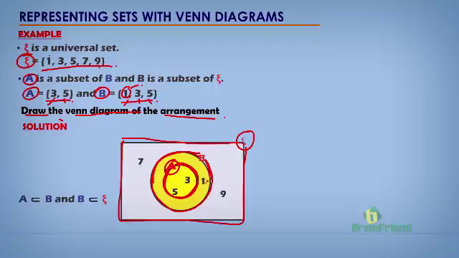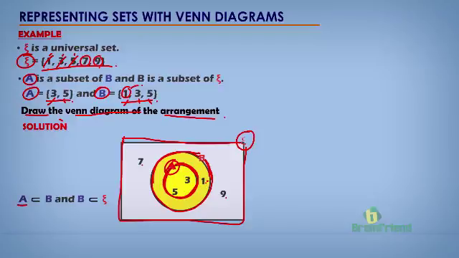If we cross those out, we have 2 elements that are in the universal set, but not in either of our given sets A or B. Therefore, we write them outside of the boundaries of A and B, but within the boundaries of the universal set. Hence, we have 7 here, and we have 9 here. And that is the Venn diagram of our arrangement.